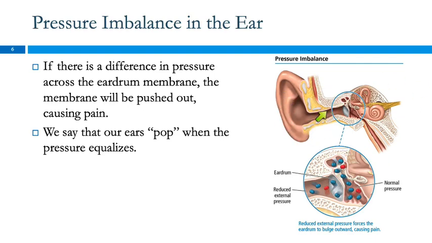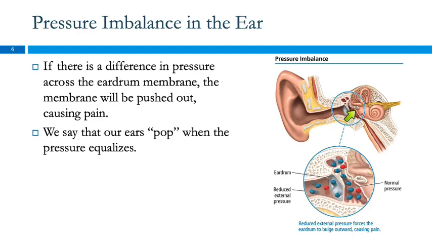You've got your outer ear and your middle ear and then the inner ear. Between your middle and inner ear is the eardrum. The eardrum is waterproof and airproof, and it vibrates, and your body picks up those vibrations and you interpret that as sound.